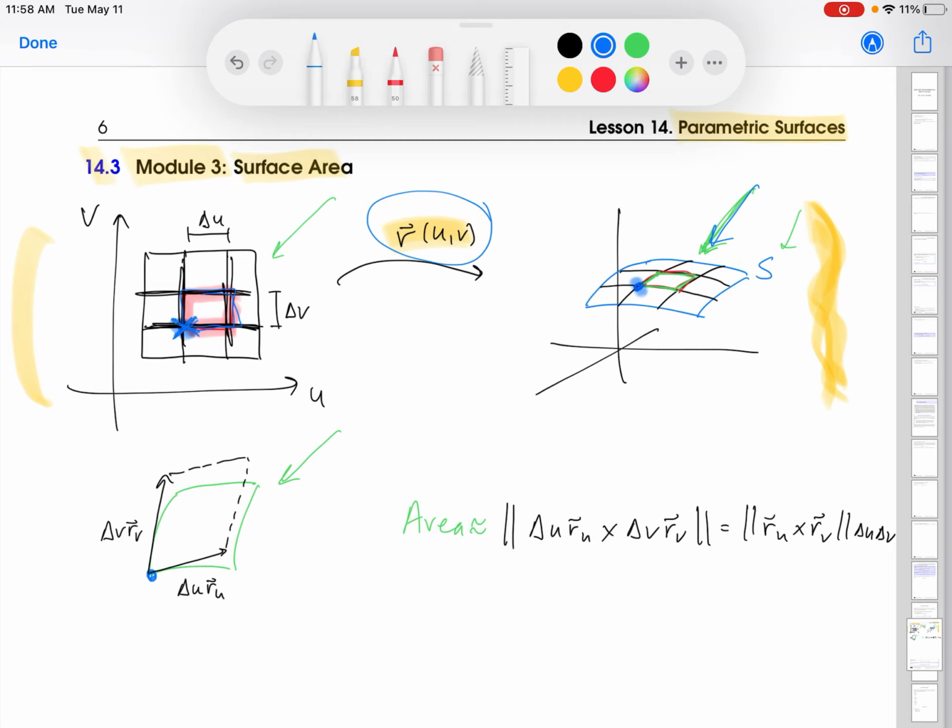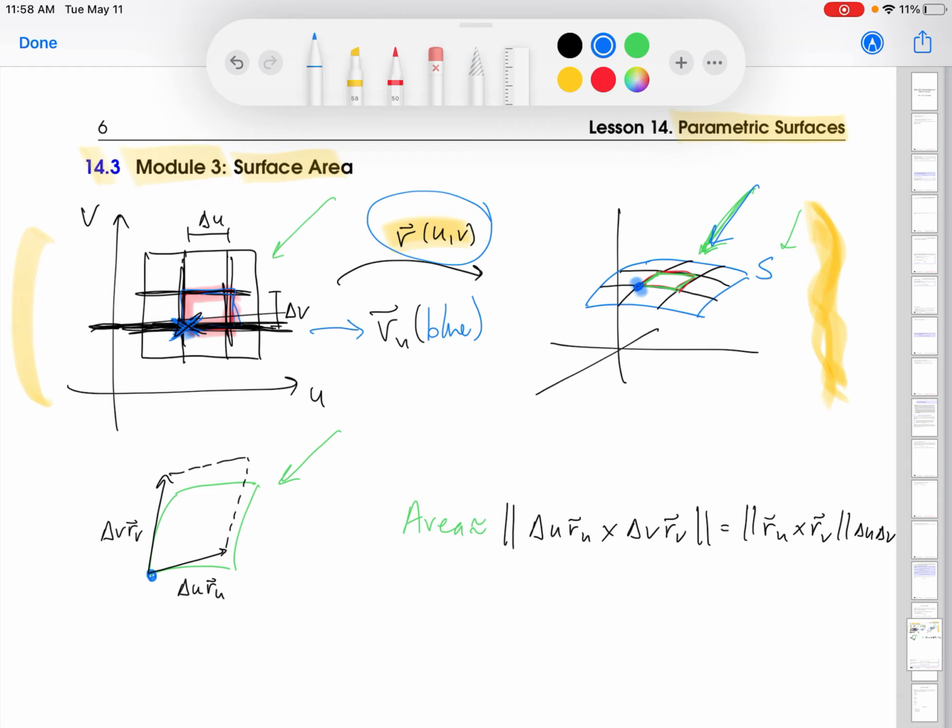Well, if I start at my blue point here and I move along this grid curve over here, I am keeping the V value constant, and I'm only moving along U. So if I think instantaneously, what happens at this point then is that along this grid curve, at this blue point, I'm looking at R sub U. Right?